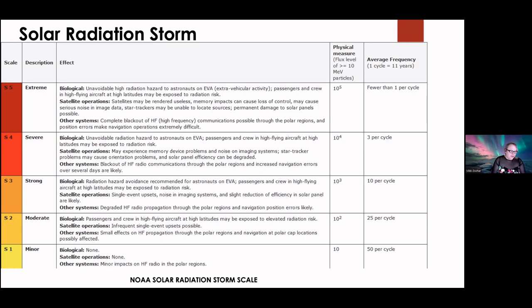But let's continue with the solar radiation storm. NOAA also categorizes a solar radiation storm, which basically occurs when a large-scale magnetic eruption, often a coronal mass ejection and associated solar flare, accelerates charged particles to very high velocities.